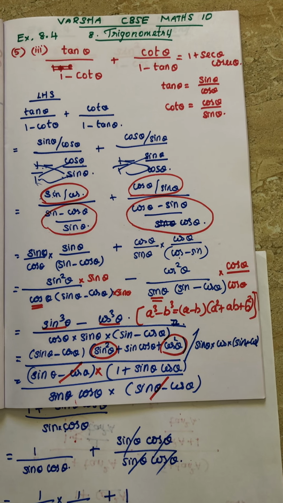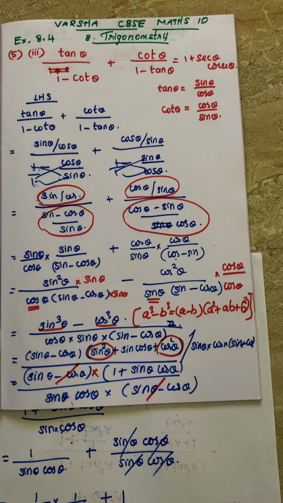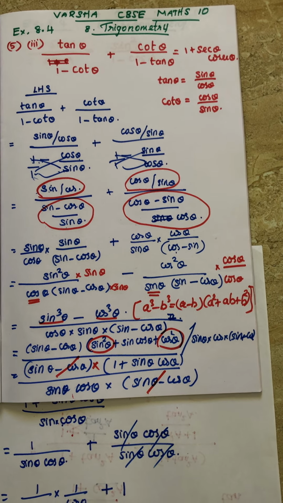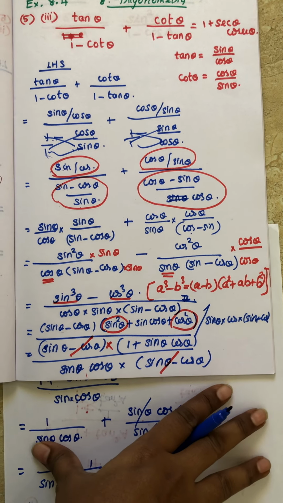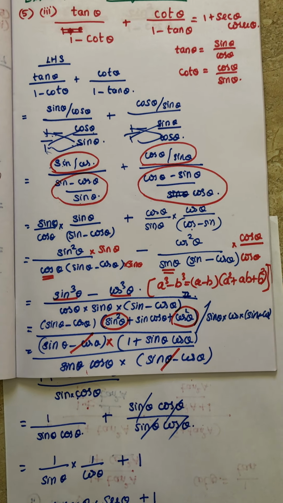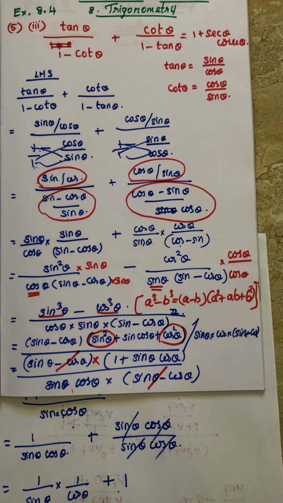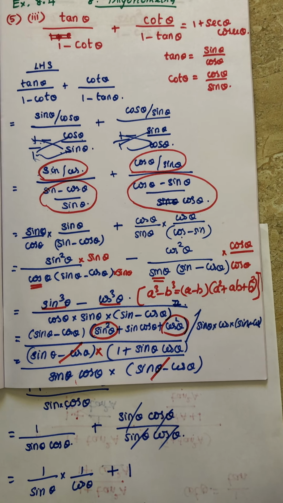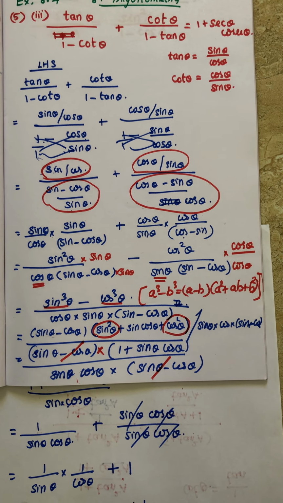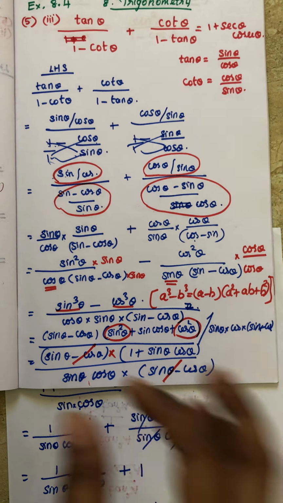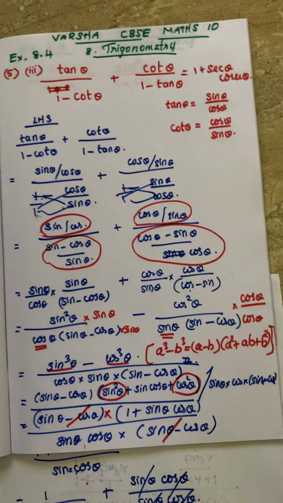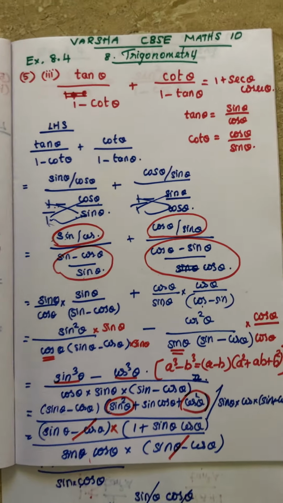So please listen carefully. This is a simple sum, but not lightly, simply I have given so many steps. See students, only for the understanding I am giving so many steps. So by seeing the sum, definitely you can do the sum. Please listen carefully, I am going to say again. So what is your question?